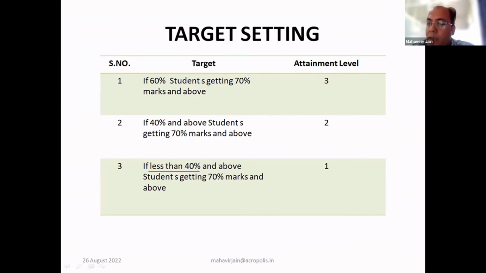If you are just starting, take lower or small targets. When you achieve those targets, then add some value and gradually improve them, year wise or semester wise.